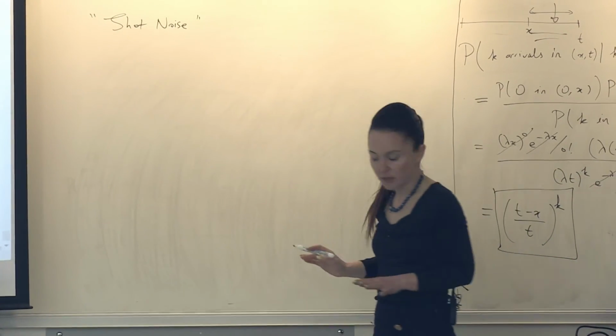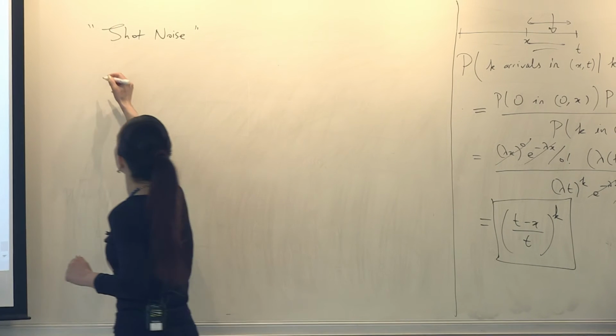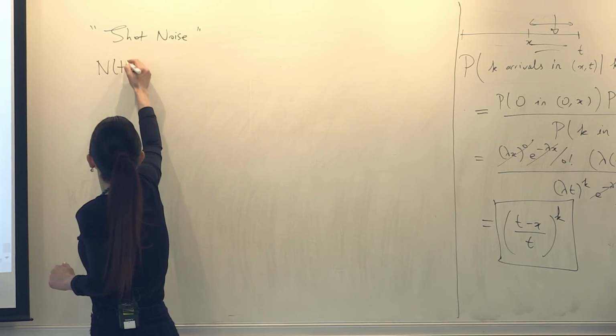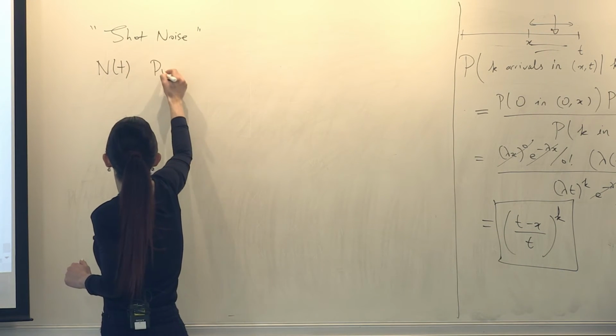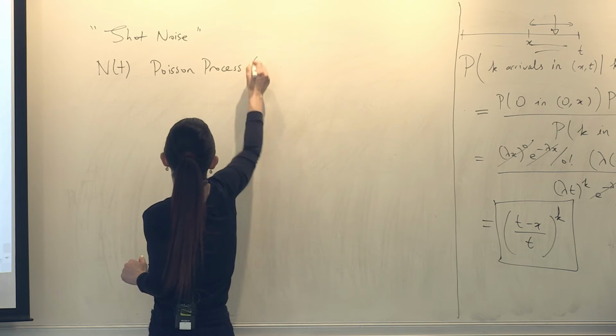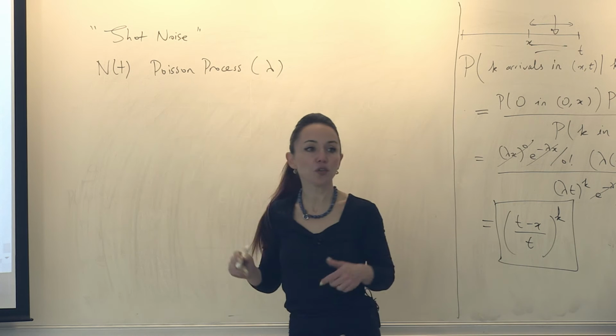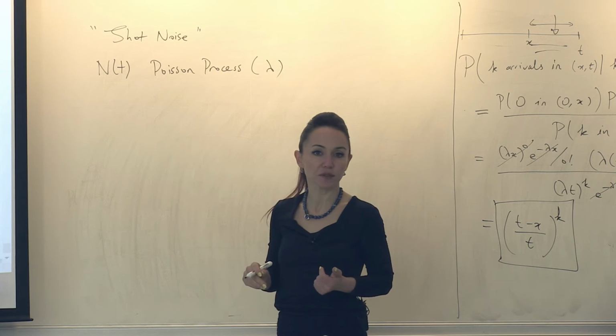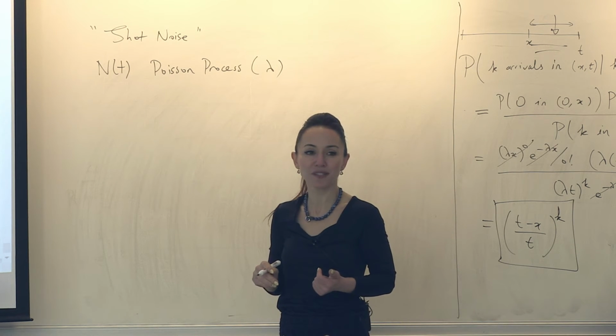Note that when we take a Poisson process at rate lambda, I can also express it as shot noise, where the pulses would be what?